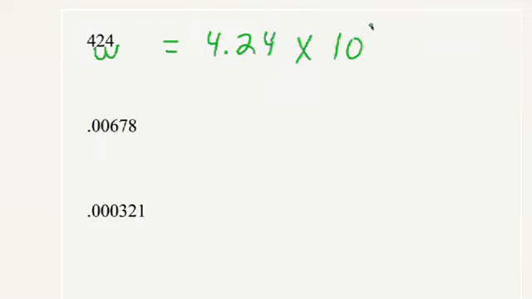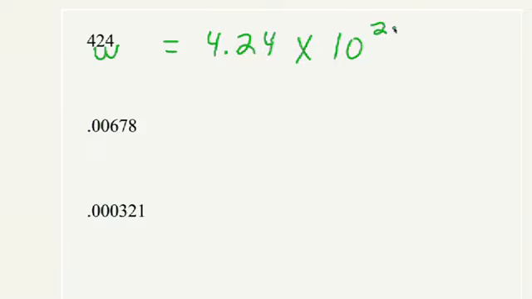The number hidden in 424 that's between 1 and 10 is 4.24. If the decimal point had been here, I would have had to move it 2 places to get over to here. So that tells me this is 4.24 times 10 to the positive 2. Positive 2 because it's being moved to the right.